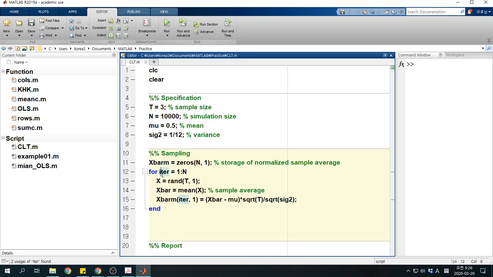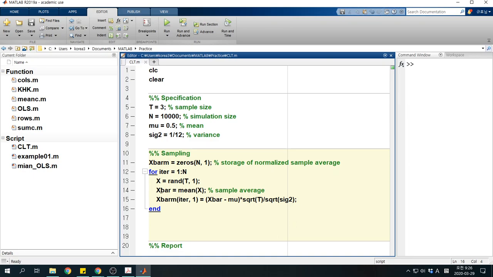Now ITR is 3. Here another capital T independent random samples are drawn, and this is saved in the third entry of x bar m, 3 comma 1.